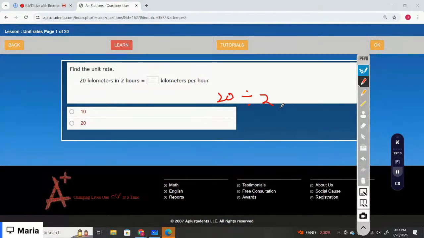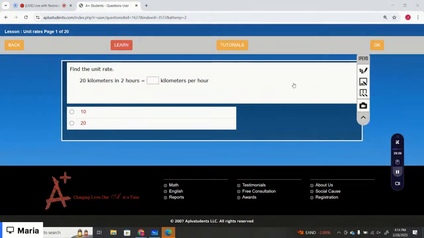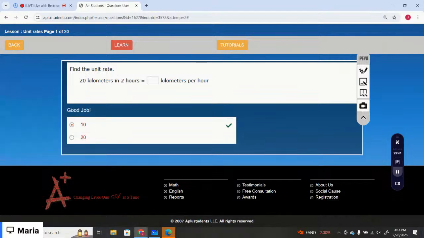So 20 divided by 2 is 10. So that means that is 10 kilometers per hour. The correct option is 10. Option number 1 is the correct option. That is 10 kilometers per hour.